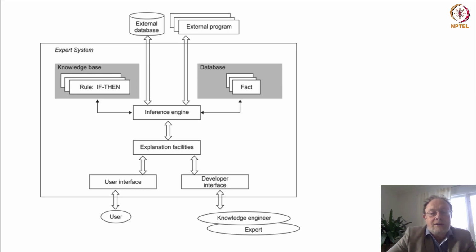Actually, this kind of picture is not only relevant for production systems, but for most of the systems we look at, because what is included in this picture is both, as you see at the top, the relation to an external situation where the system interacts with that environment, but it's also a relation at the bottom where you can get a graphical model of how the development of the system can take place.